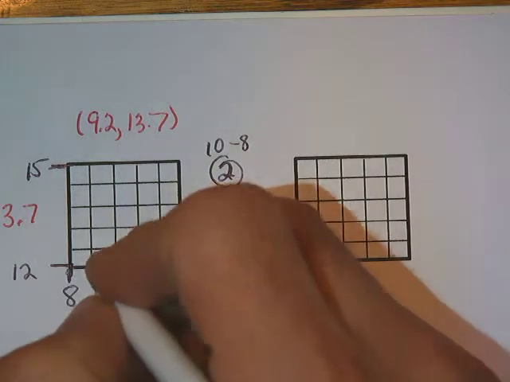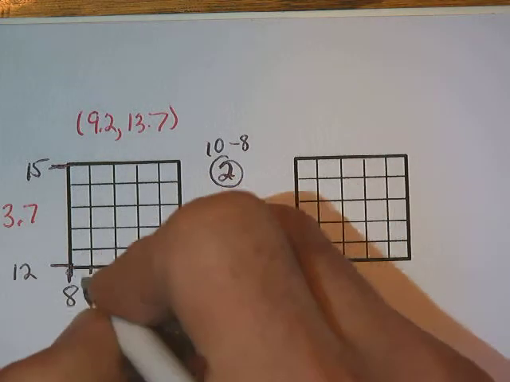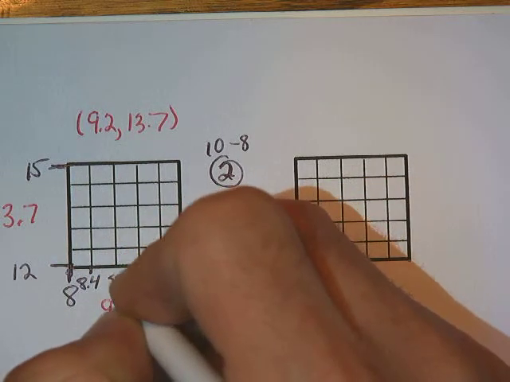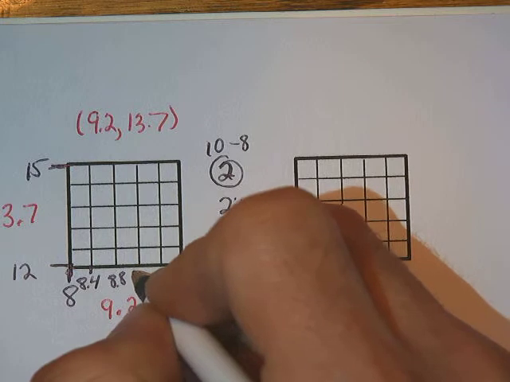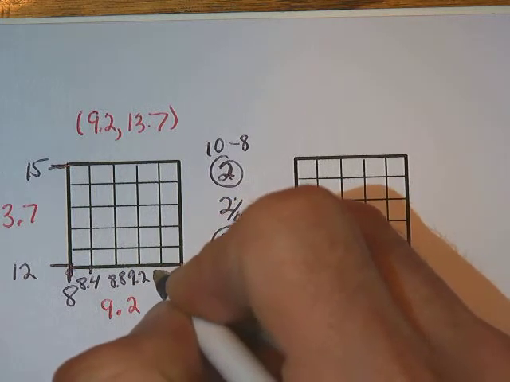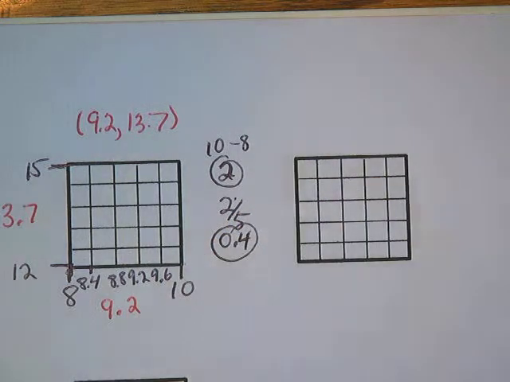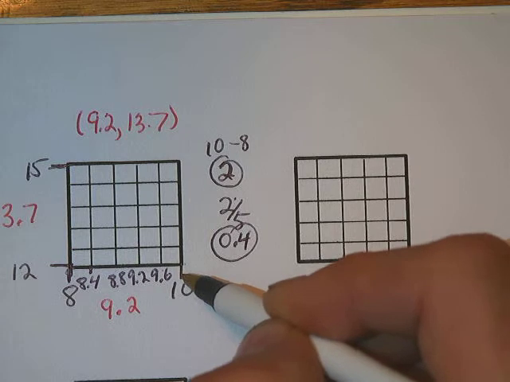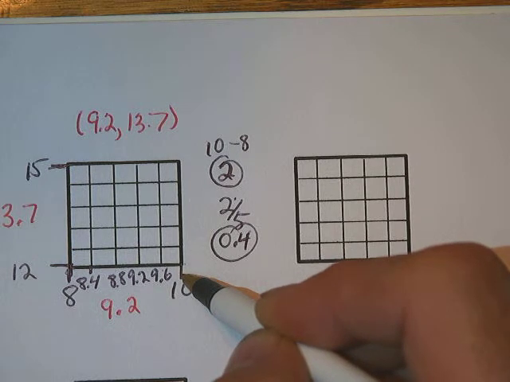I'm just going to write these values in so we can keep track of what they are. So the first little box is now 8.4, and then 8.8, and the next one is 9.2, which is the value we're trying to graph. We'll be back to that in a moment. And then 9.6. And if we add 0.4 to 9.6, we should get 10, which is at the edge of that box.